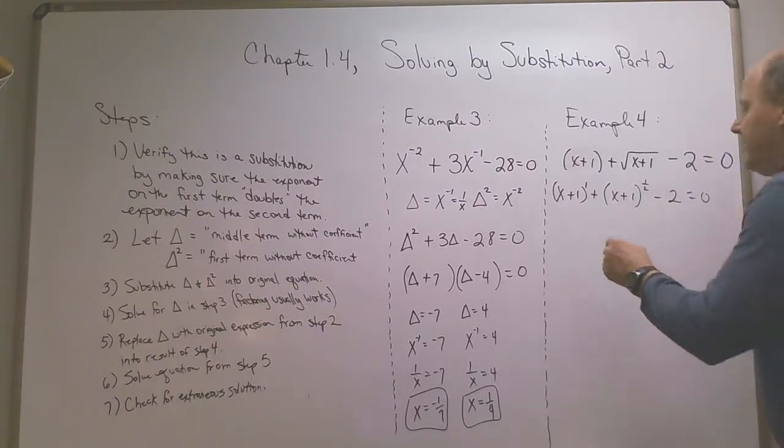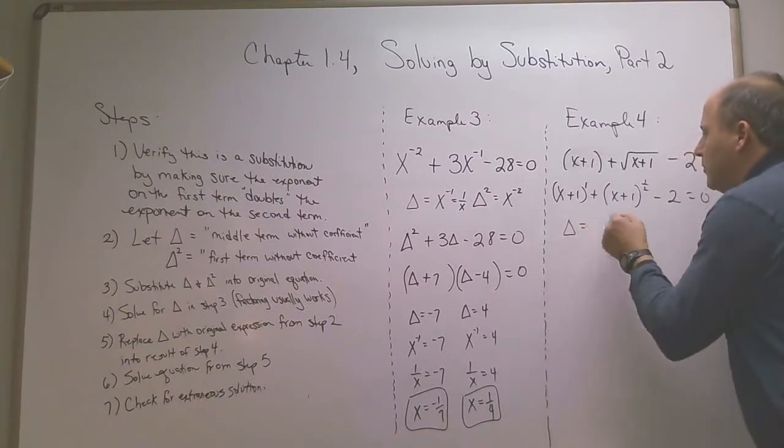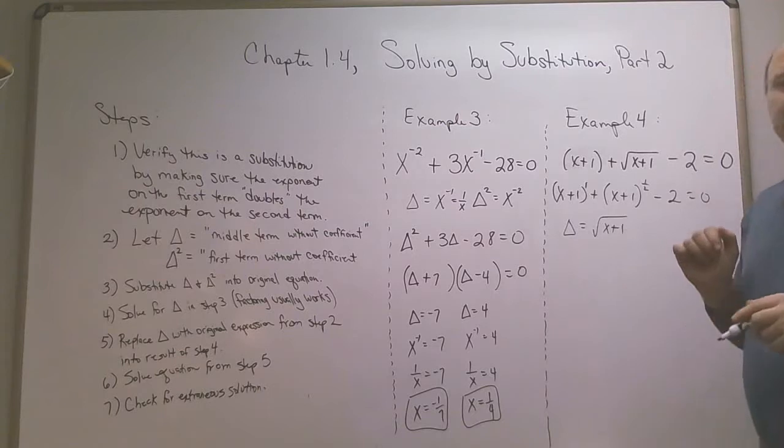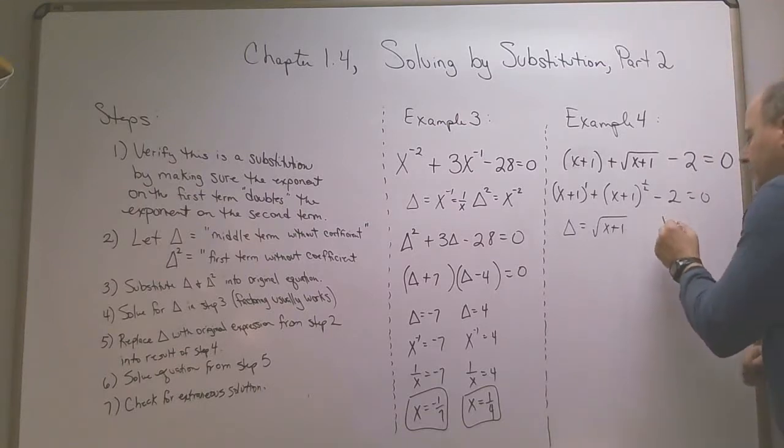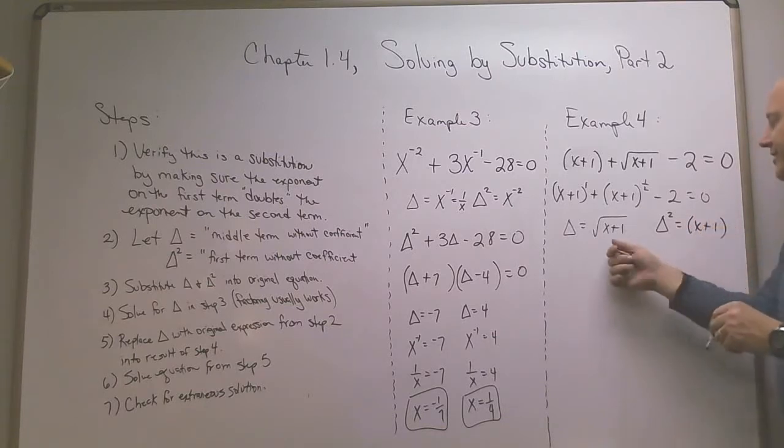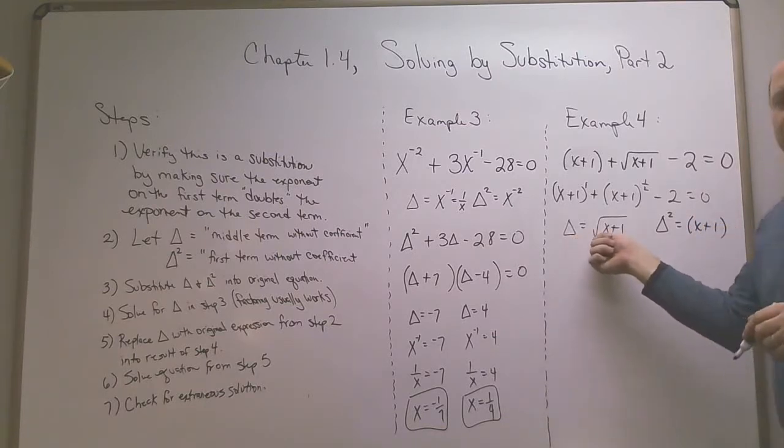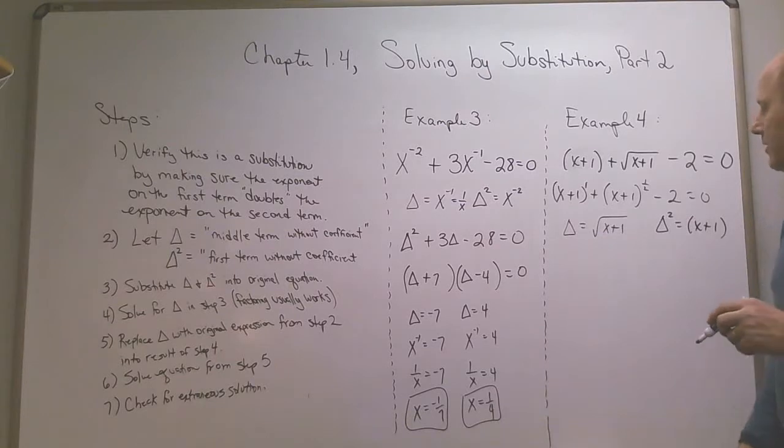So therefore, you let delta, remember, be the middle term, which is the square root of x plus 1. Okay, and then delta squared is just your x plus 1. Squaring delta is like squaring the square root, and it just cancels, leaving me with the x plus 1.